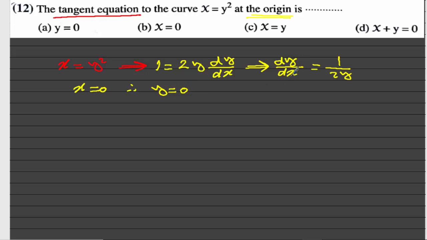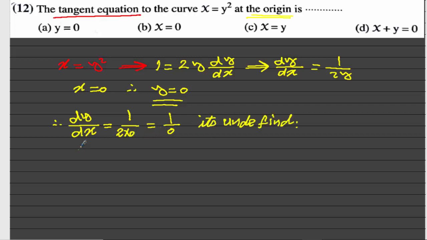So here we have dy/dx = 1/(2y). When y equals 0, then dy/dx, the slope, equals 1 over 2 times 0, which equals 1 over 0. It is undefined. So the slope dy/dx is undefined.